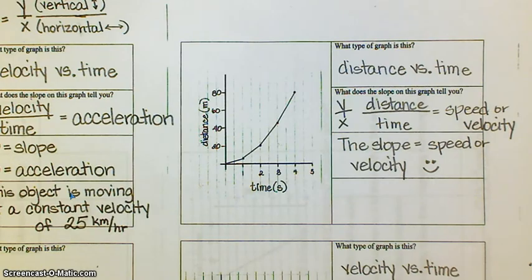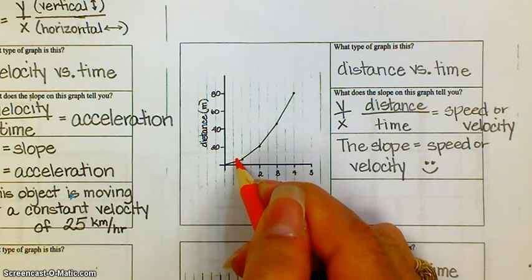So the steeper the line, what? The faster. Okay, so horizontal, no speed at all. As the slope increases, it's telling you that the speed is increasing. Does that make sense to you guys? Okay, so if you look at this graph, what can you tell me about the slope at first, down here?